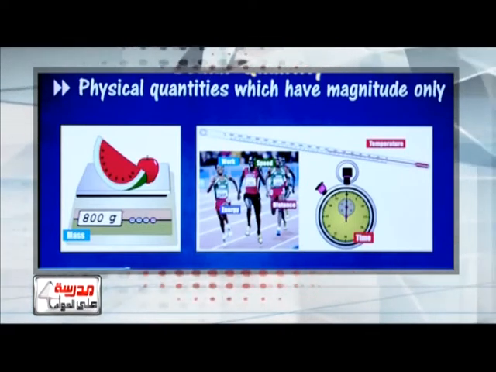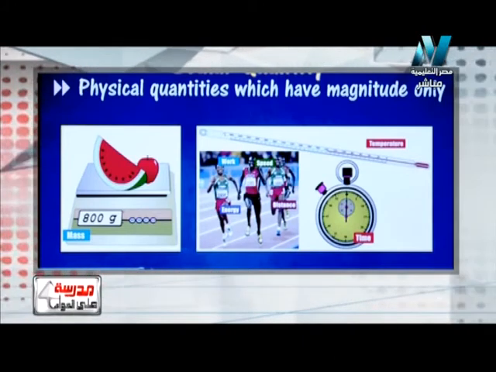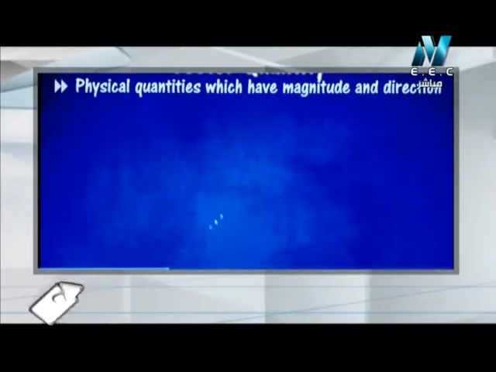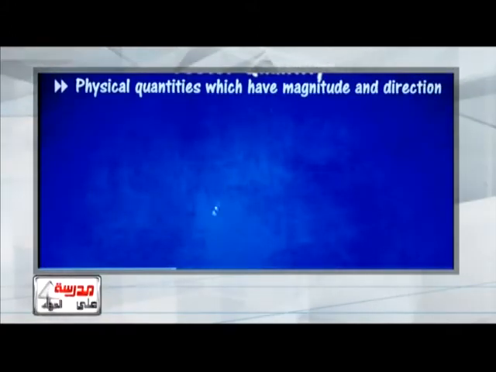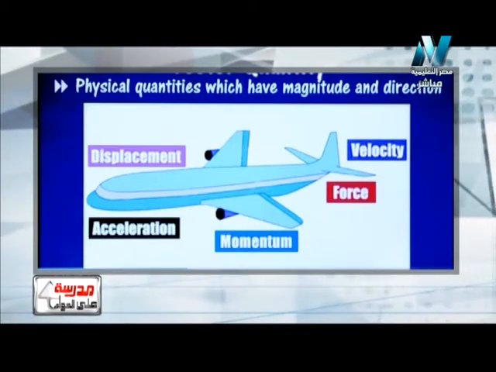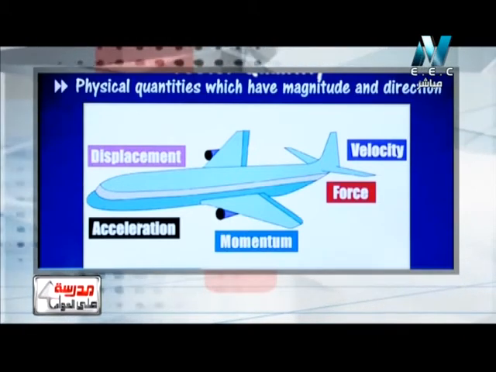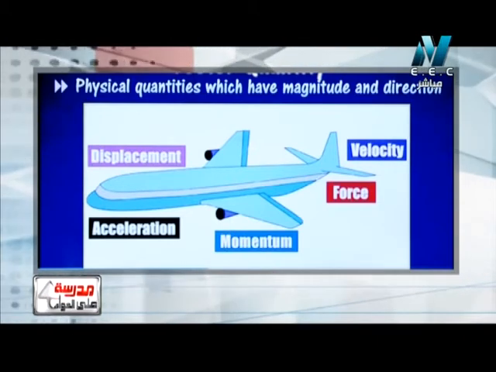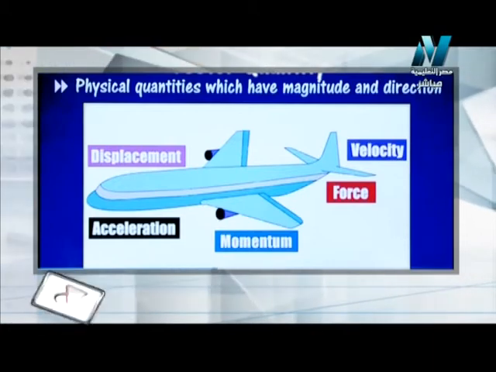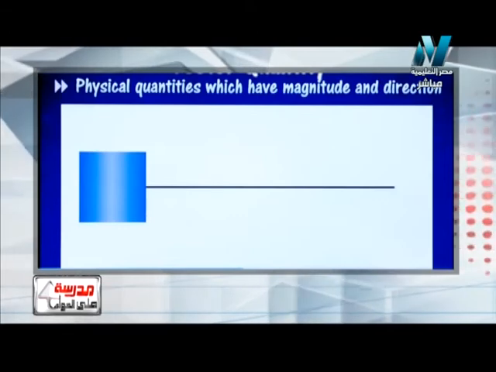All these quantities are called scalar physical quantities because they are identified by knowing only the magnitude. But here we have vector quantity. We can identify it by what? By magnitude and direction, as we have displacement, acceleration, momentum, force, velocity, and all these quantities we identify by knowing direction.